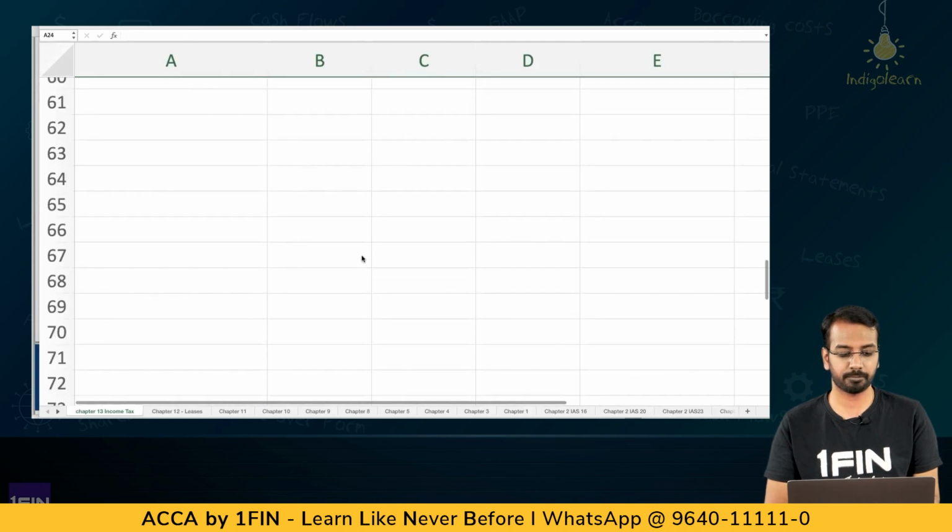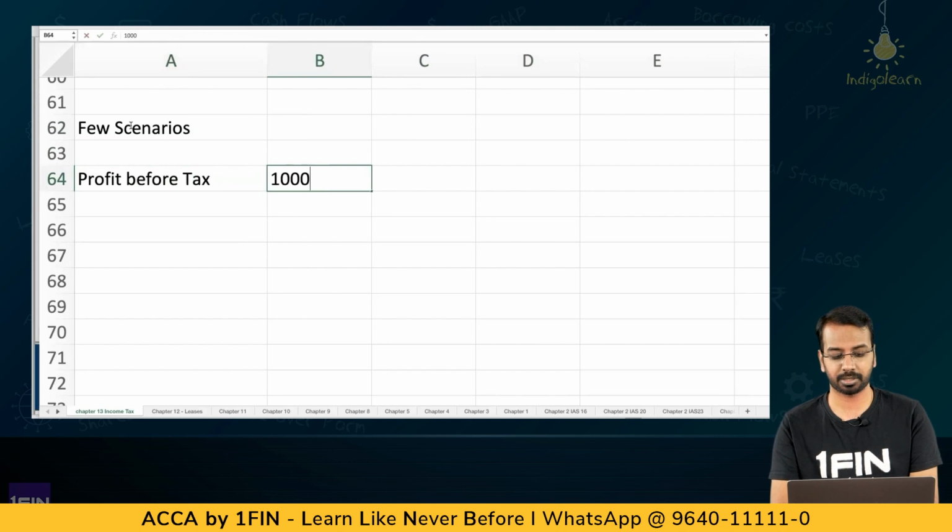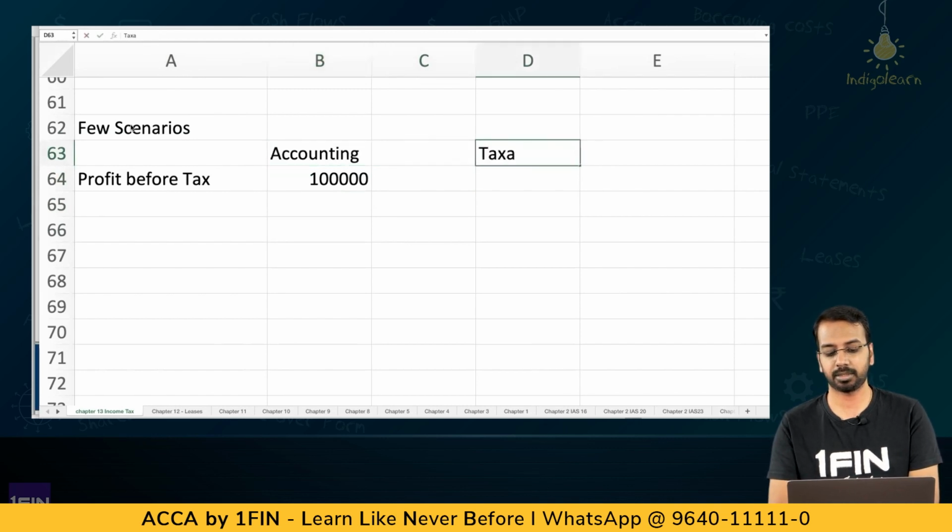Now, moving on, a few scenarios. Say for example, we have profit before tax 100,000. This is accounting profit, and there is a taxable profit.